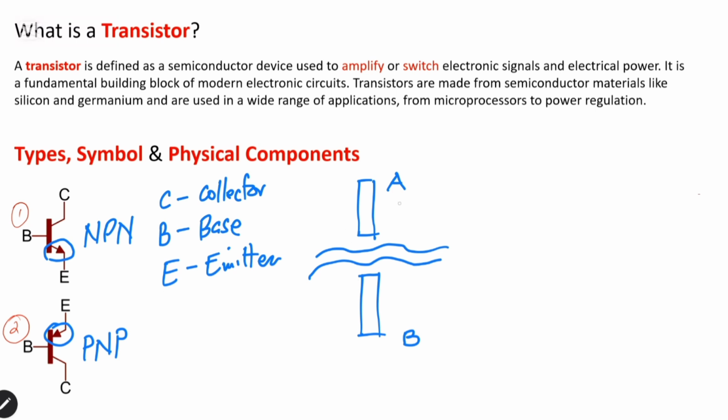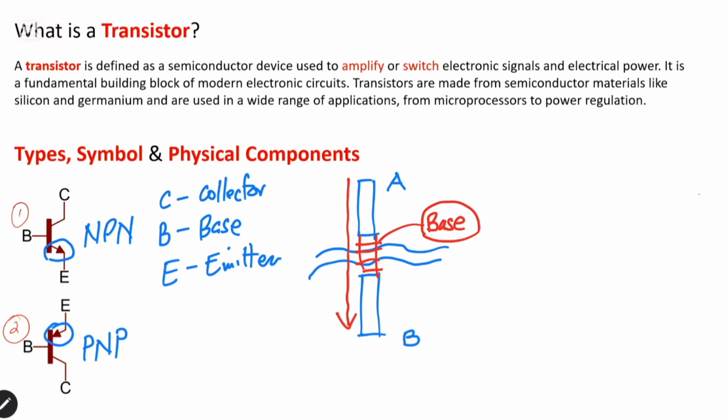If you are at point A, you cannot cross over to point B. So what you need is a bridge. The bridge is known as the base. Without the operation of the base, we cannot allow current to pass from point A to point B.